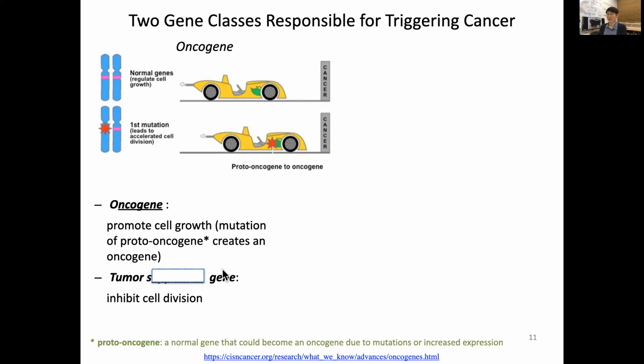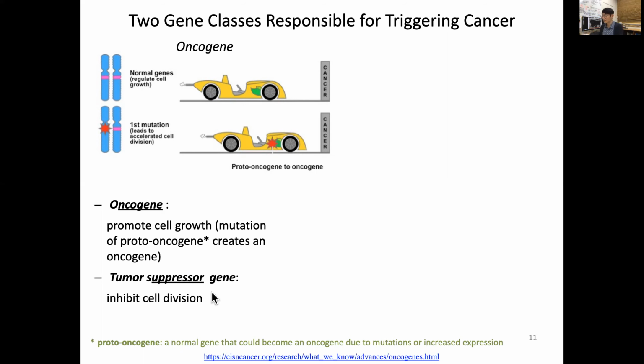On the other hand, there are genes that suppress cell division. They keep checking, preventing tumor formation, and that gene we call a tumor suppressor gene. If we consider this as a car, it's like a brake system.